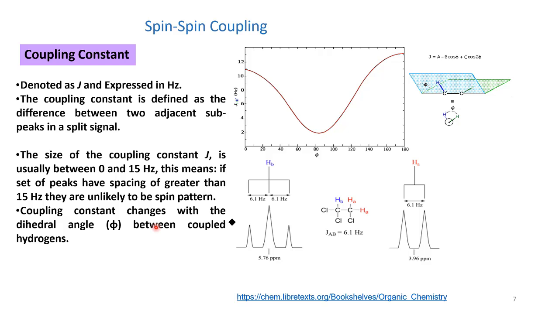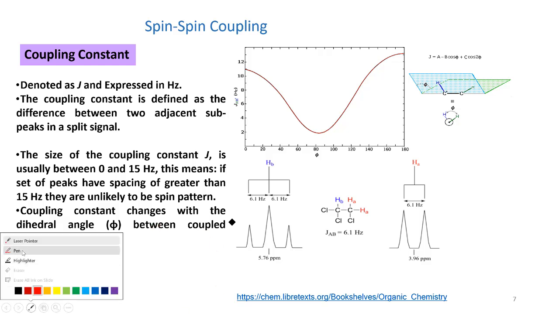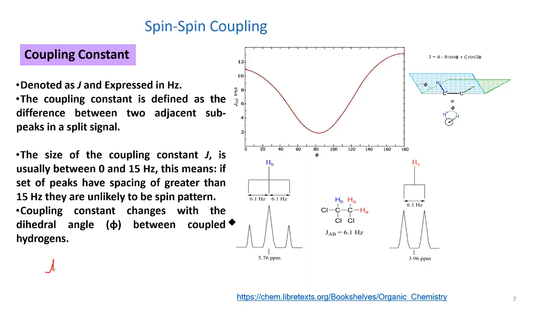So I hope you understood. I'll draw it this way. If a peak is coming like this, suppose, and then again one peak is coming like this, the difference between these should be between 0 to 15.